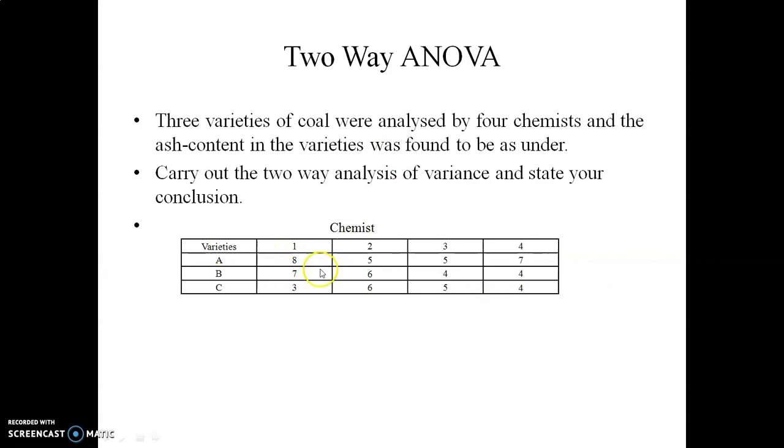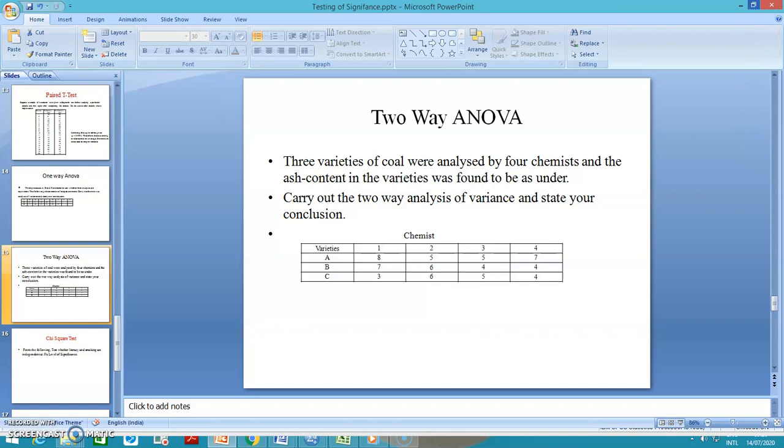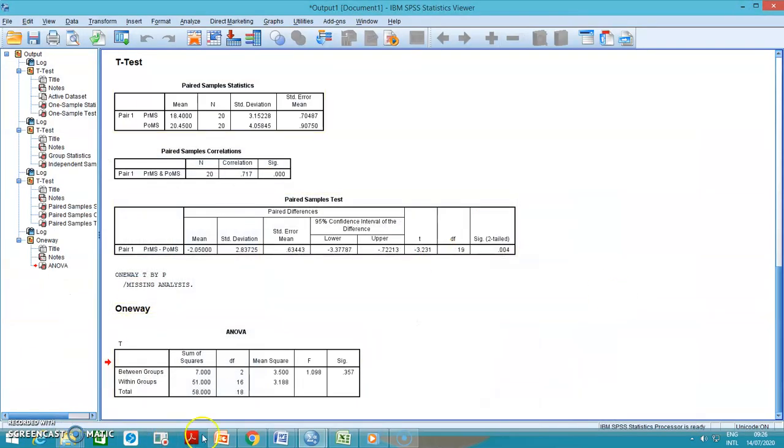So these are all the ash contents, and carry out two-way analysis of variance and state your conclusions. Here we need to focus on different varieties of coal and different chemists who have analyzed and given the ash content. So we'll go to SPSS and see how to solve this two-way analysis of variance.